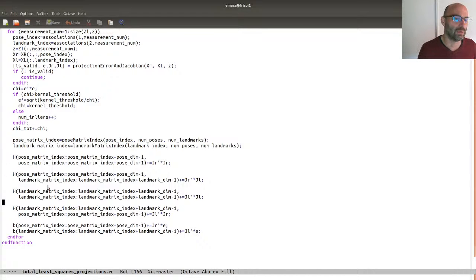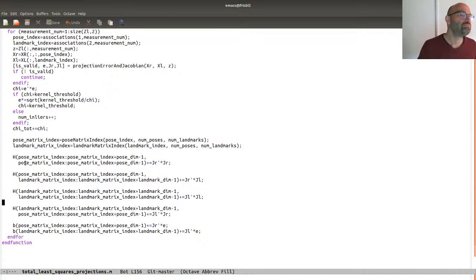The pose-landmark will be 6 by 3, because you have the 2 by 6 which is transposed, and you have the 2 by 3 which is non-transposed, and the other blocks will be 3 by 3 and 3 by 6.